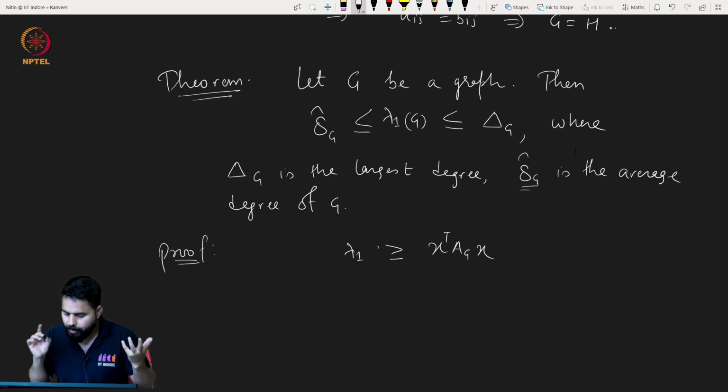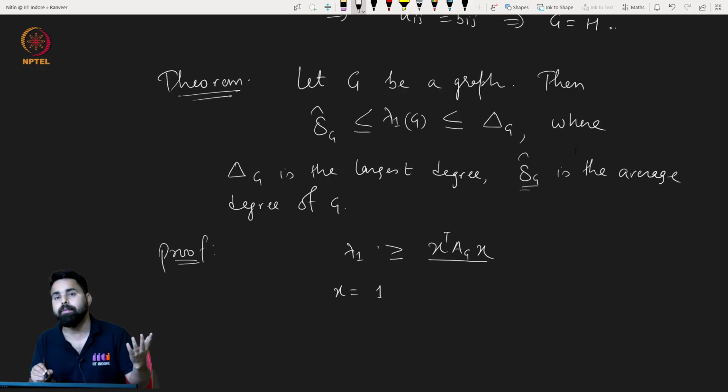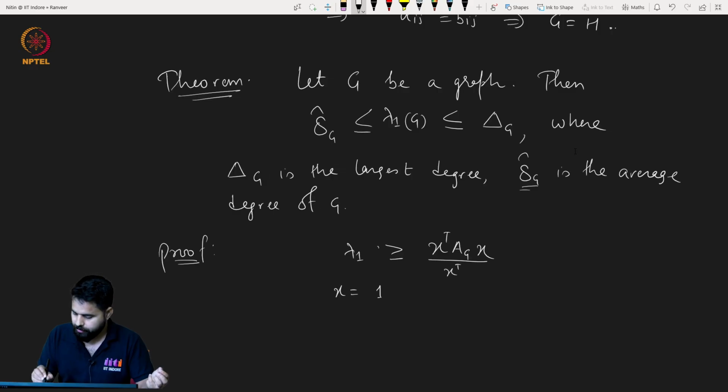But suppose I take x equal to the all-ones vector. In fact, I can divide by its norm, because the x I choose is not a unit vector. So suppose x is the all-ones vector of n entries.